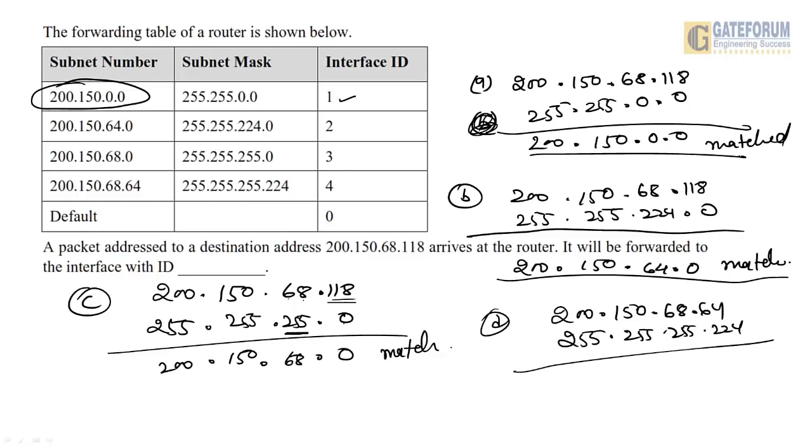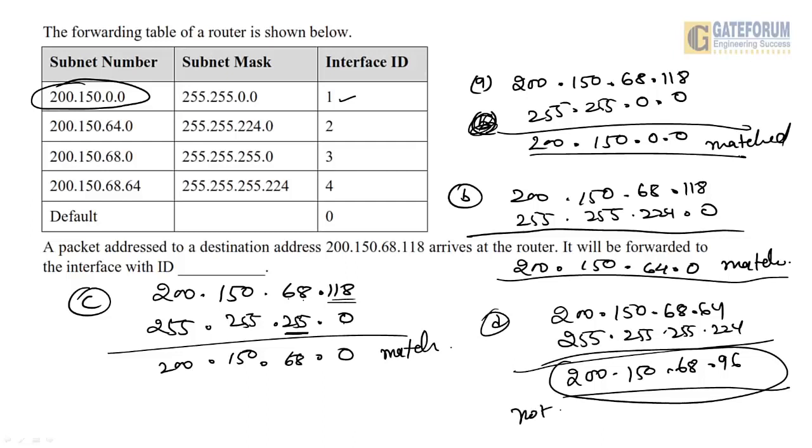After getting the AND operation, it gives you 200.150.68.96. So let's see here, this is not matched. So it is matched with the first three options, then it checks the longest prefix. So this is the longest prefix that is matched. So we can say that 3 is your answer. Got it?